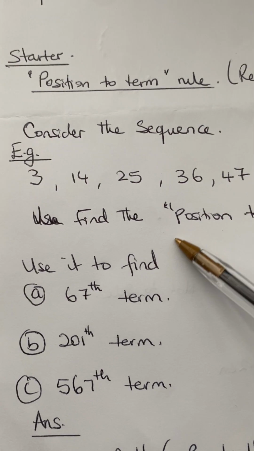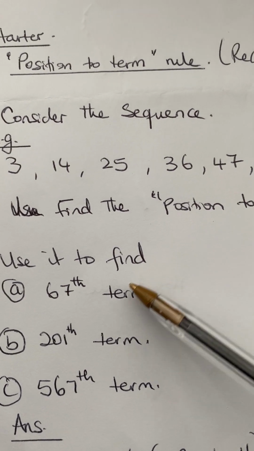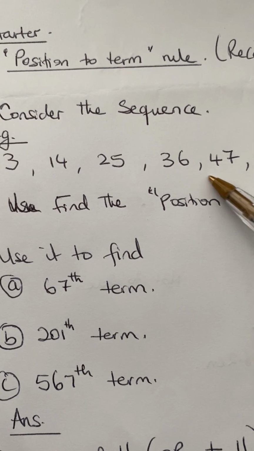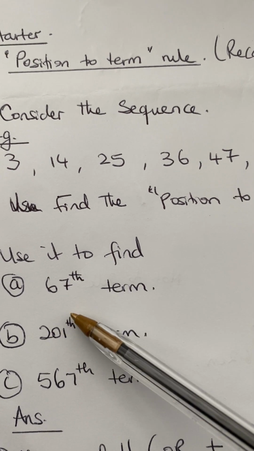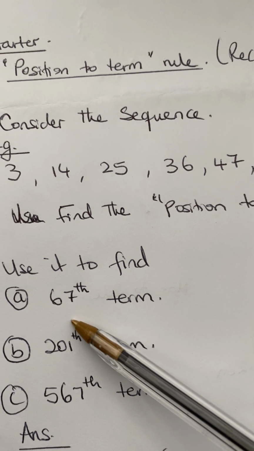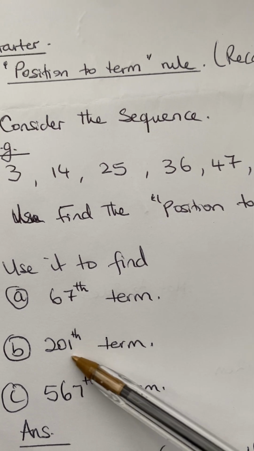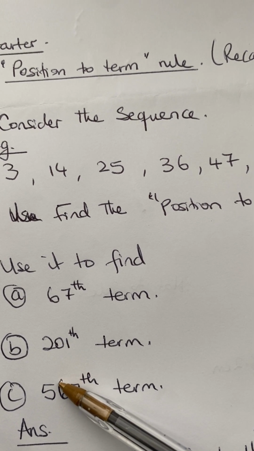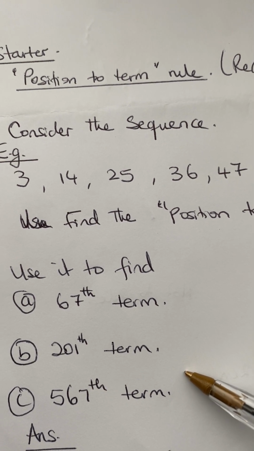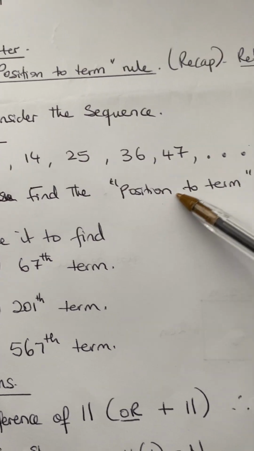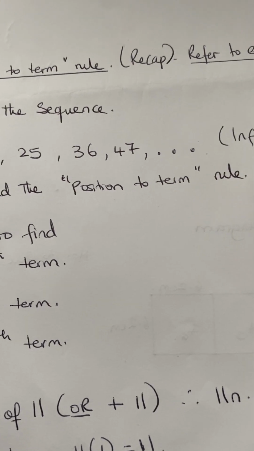But we don't have time to be adding 11 till we get to the 67th term, and then go on to the 201st term, and then the 567th term. So this is where the position to term rule comes in.